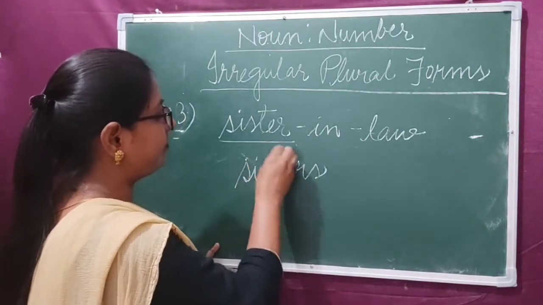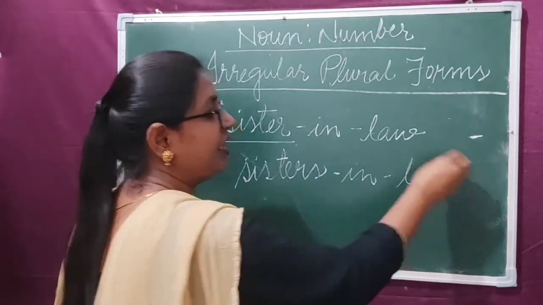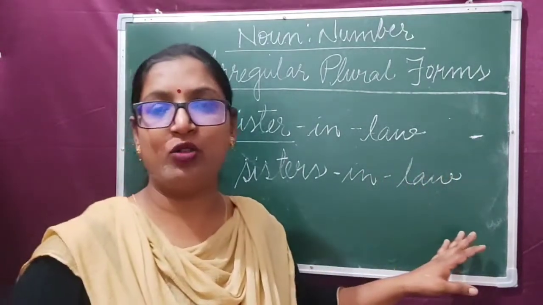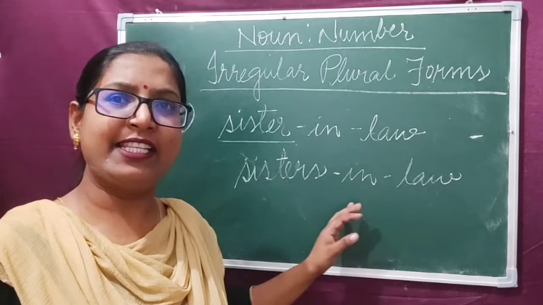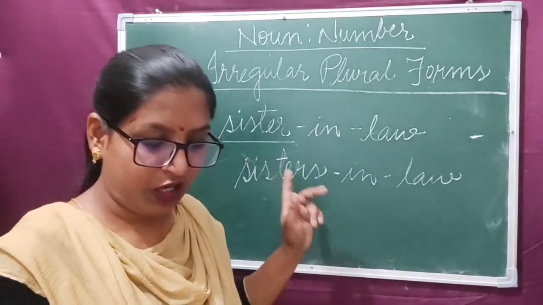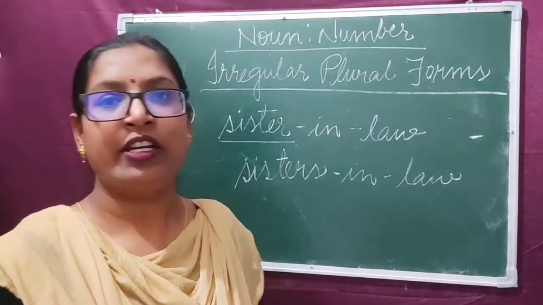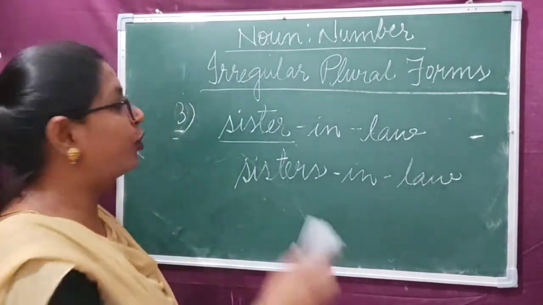Sisters-in-law. Clear? When it's a compound noun, we add s with the principal word or the main word. Clear? Now let's see rule number 4.